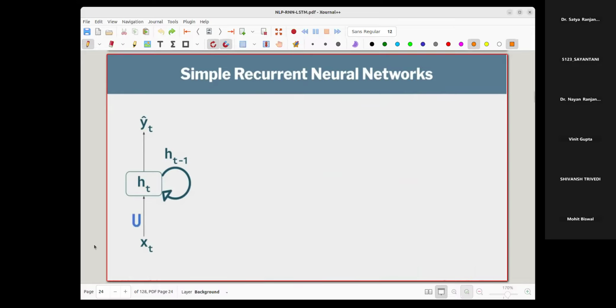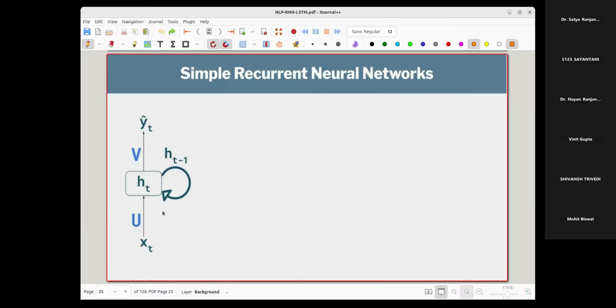Between xt and st, this is the input layer, this is your hidden layer, and there is a set of weights present between xt and st. Let's call it U. So U is a matrix which contains all the parameters or weights between xt and st. And similarly V is another set of weights which is present between st and the output yt cap.